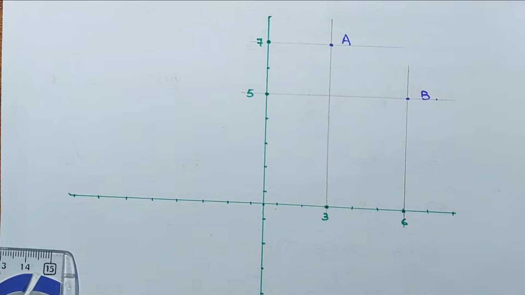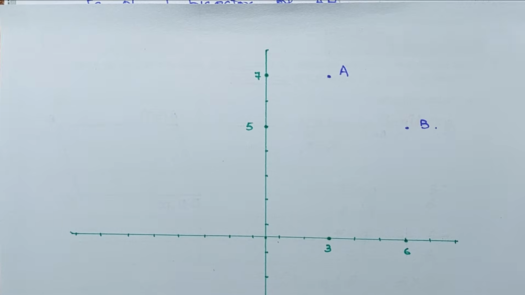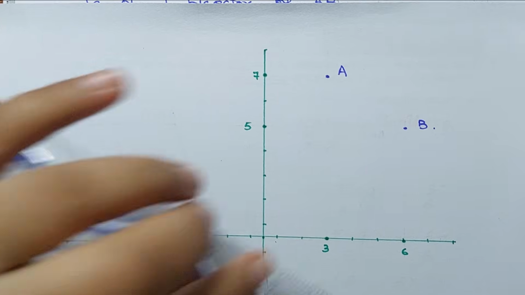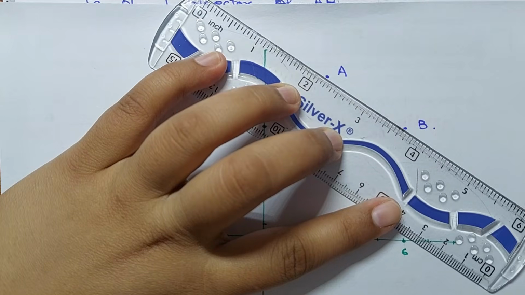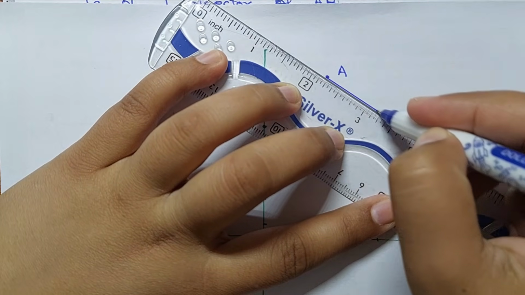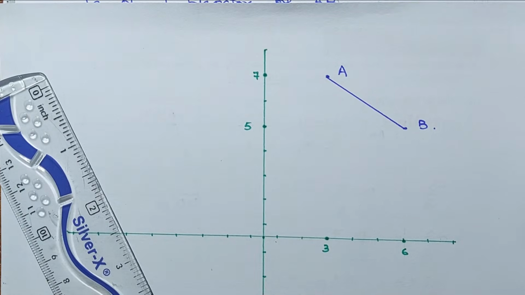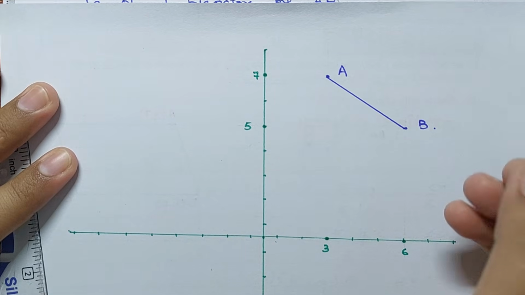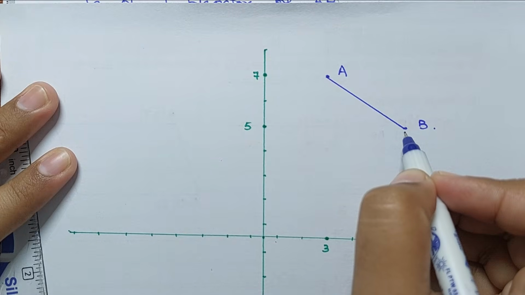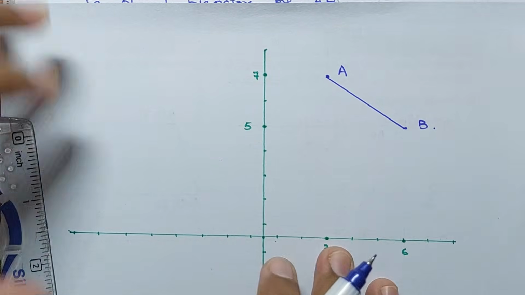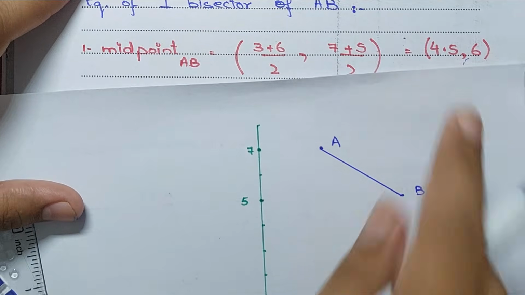Let me draw the line. All right, so these are the points A and B. Now we need to find out the perpendicular bisector of AB. For the perpendicular bisector of AB, keep in mind that we have the midpoint of AB. What is the midpoint? 4.5 and 6.